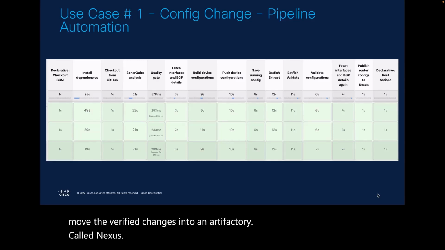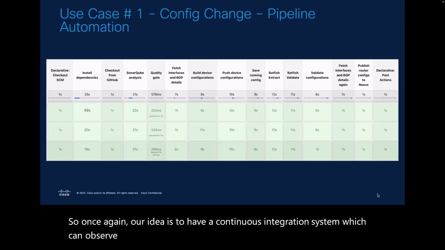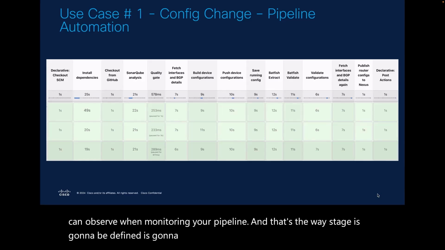So once again, the idea is to have a continuous integration system which can observe and monitor your pipeline. And thus the way a stage is gonna be defined is gonna be atomic. We're gonna achieve a specific step throughout your pipelines.